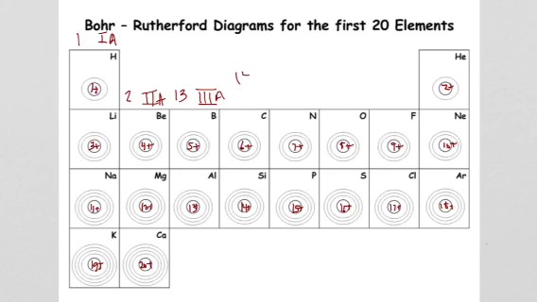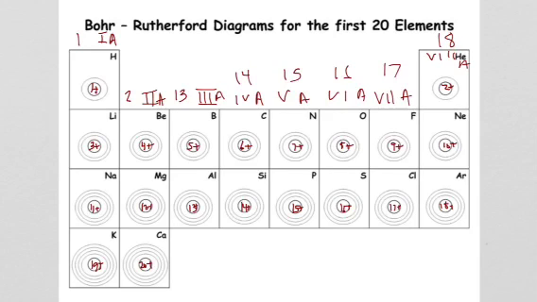Then 14, group 4A, 15, group 5, oops, sorry, that should be a Roman numeral, so 5A, 16, 6A, 17, 7A, and 18, which is also 8A.